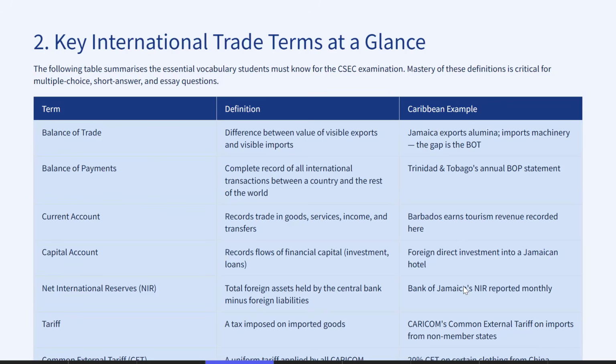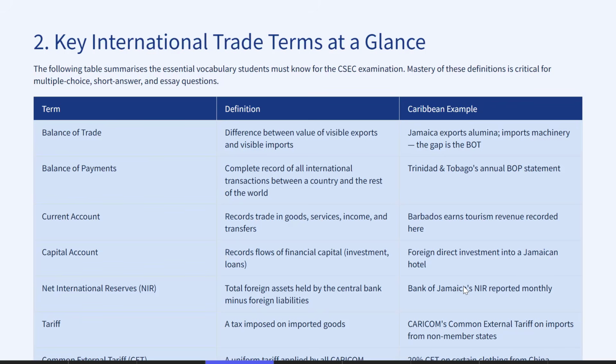Now, this would include any foreign direct investment. Foreign direct investment is when a company creates or puts up any sort of infrastructure in another country.